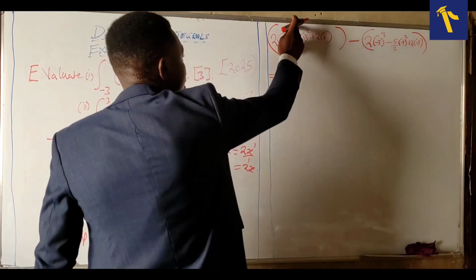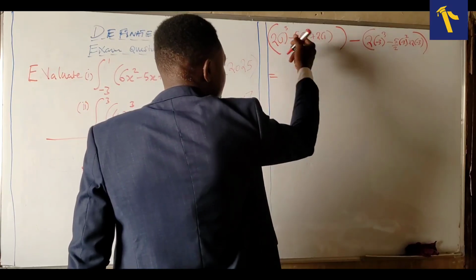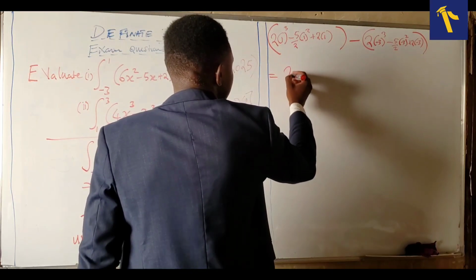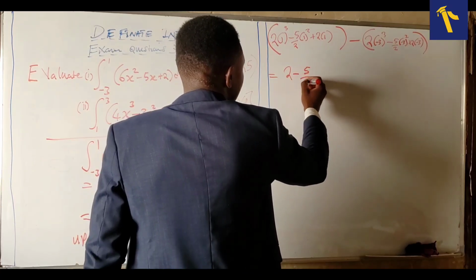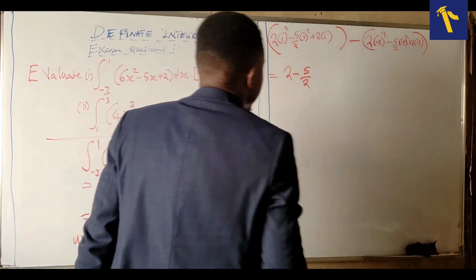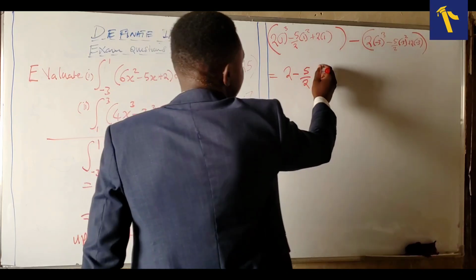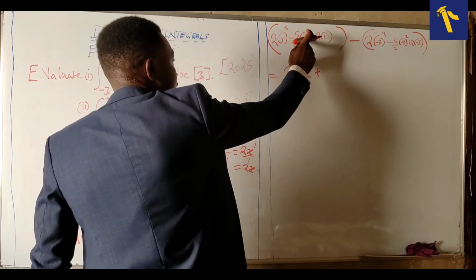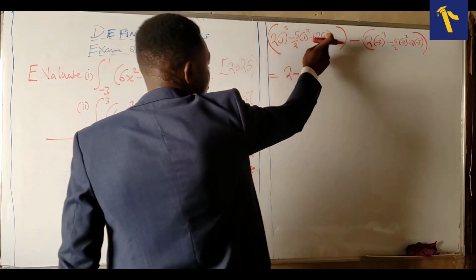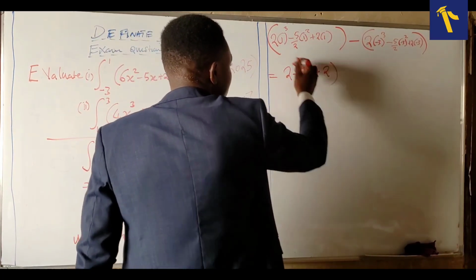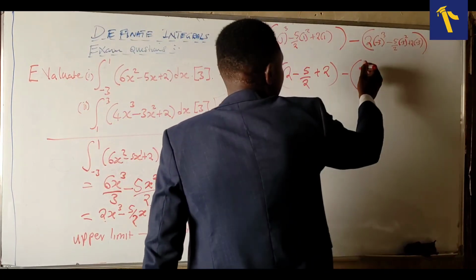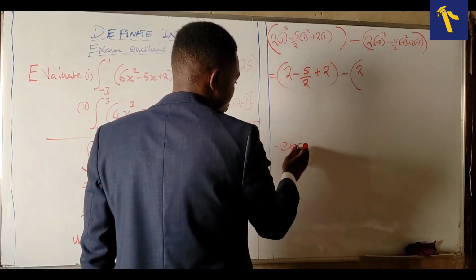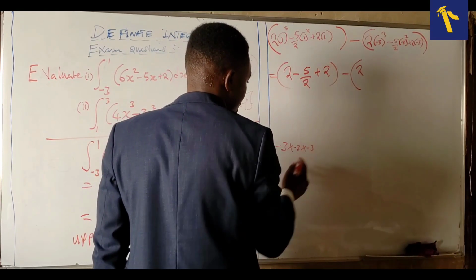So I know 1 raised to the power 3 is just 1, because I'm multiplying the 1s 3 times. I'll get 1. 2 by 1 is just 2, minus 5 over 2, like that. Great. Then plus, I know 1 to the power 2 is 1. 5 times 1, that is 5 over 2, isn't it? 2 multiplied by 1, that is just 2, minus, negative 3 to the power 3 is as good as negative 3 multiplied by negative 3, 3 times.